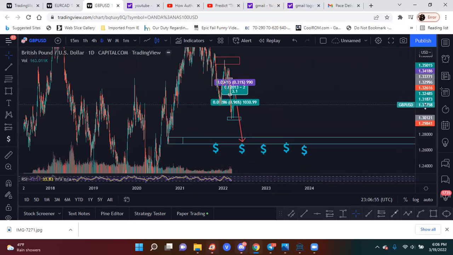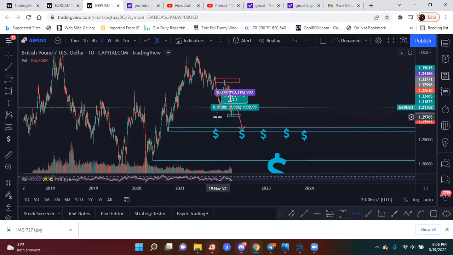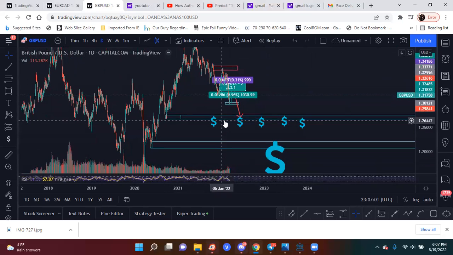So with that being said, I feel like GU wants to touch these order blocks, especially the pound. The pound has buy limit, buy orders right here. So I feel like this probably will be the next move.